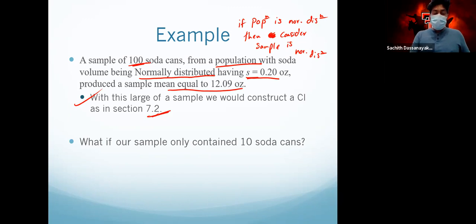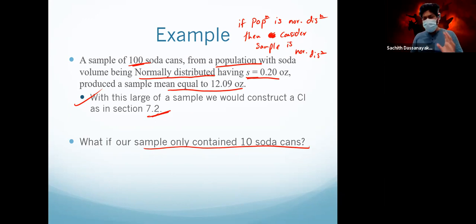So what happened in this case? Our sample only contains 10 soda cans. Again, this is not sample or population proportion, what we have done in the last few minutes. Just forget about population proportion right now. Now just deal with the samples and populations.